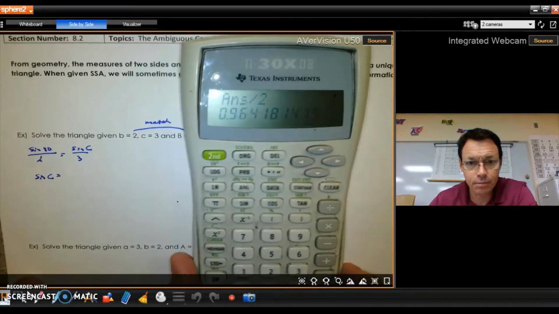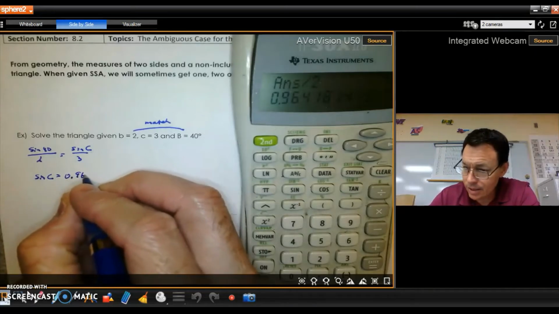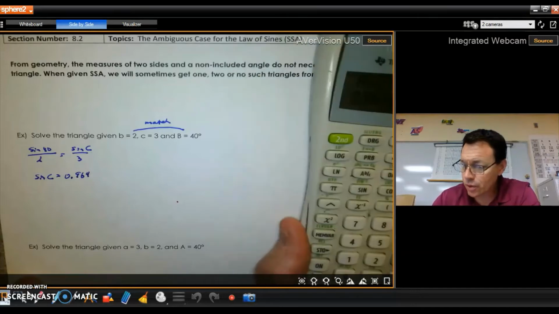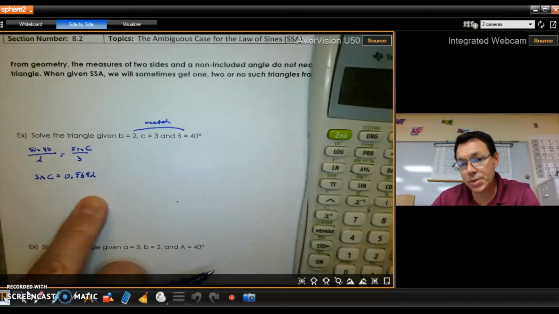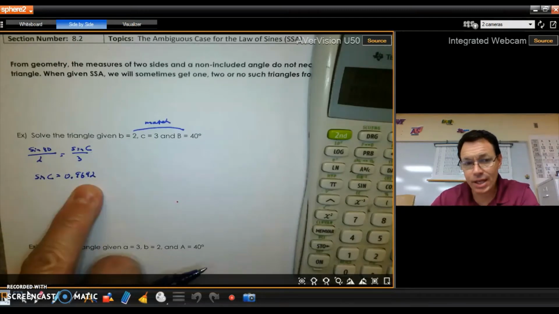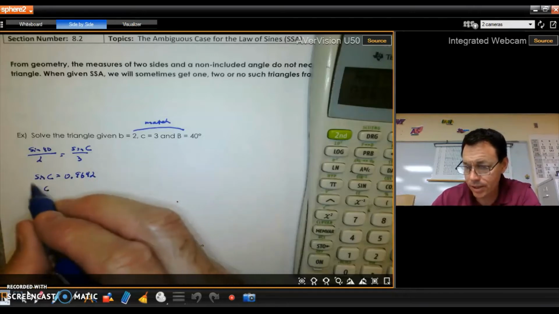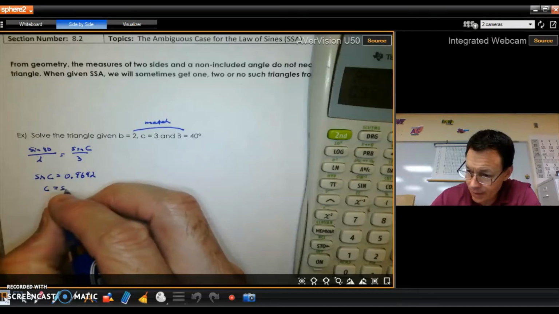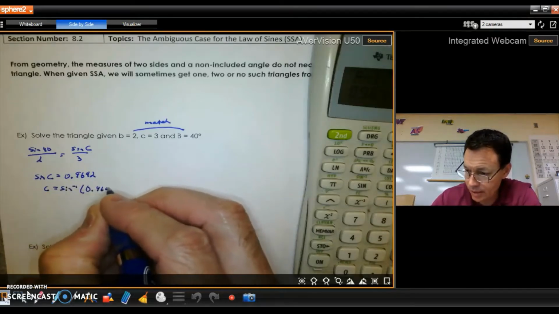All right, so I get 0.9642. I'm going to go out 4 decimals because there's another step we're going to do. We're going to take the inverse sine of that value right there. We've done this before in solving equations. We need to move the sine to the other side, and that'll be the inverse sine of 0.9642.